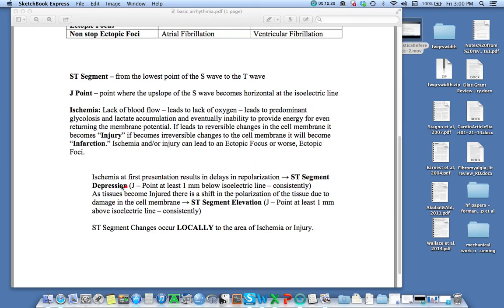So the problem is the ischemia. The change it can lead to prior to becoming another problem is ST segment depression. So ischemia leads to ST segment depression. ST segment depression is a lowering of the point of the ST segment, which is the point from the S wave to the T wave.